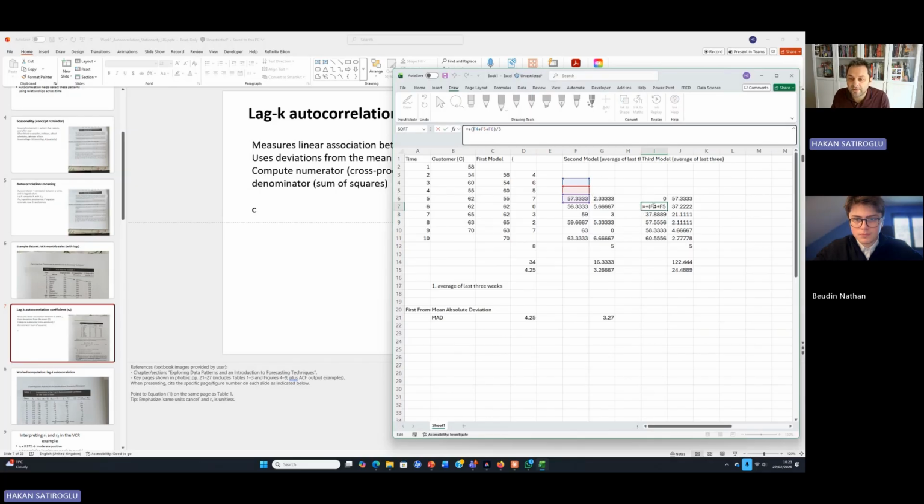Okay, it didn't come that way. I'm going to write from the beginning because they are not fixed. So this is the third model now.